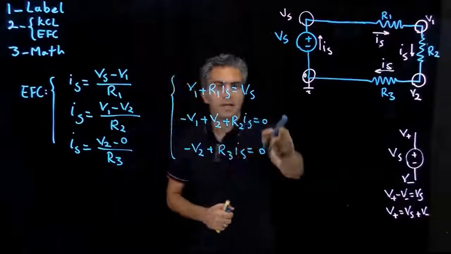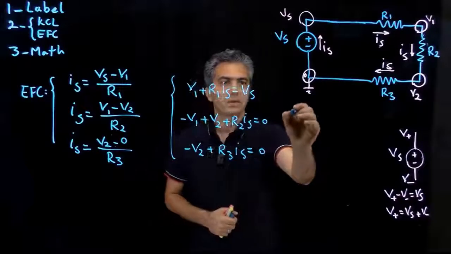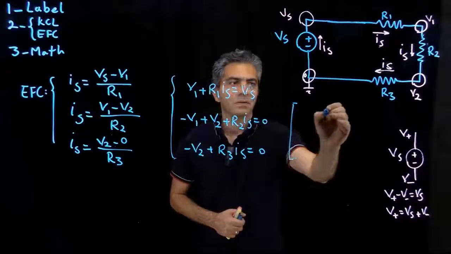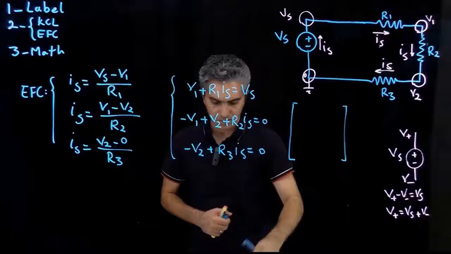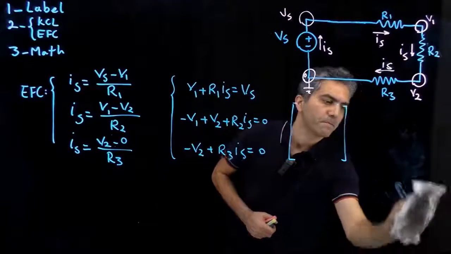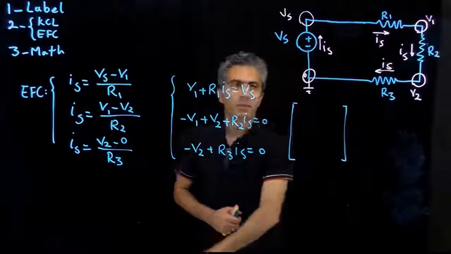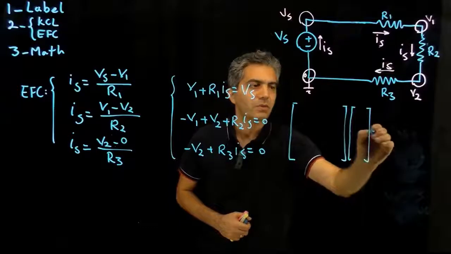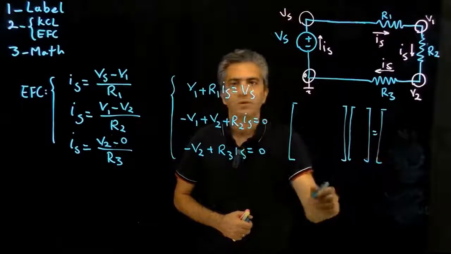So now I can actually turn it into its matrix equivalent. So we have the matrix: vector of unknowns equal to the vector of knowns.